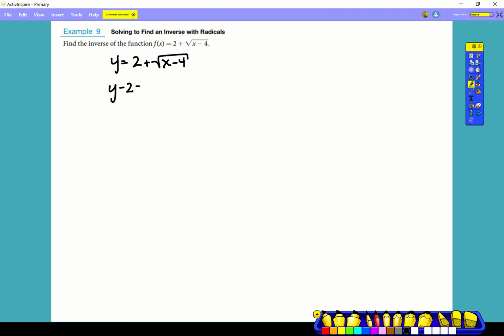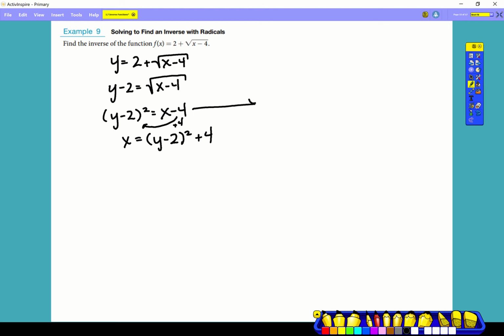So I'm going to have y minus 2 equals the square root of x minus 4. Now I'm going to square it, and now I'm going to solve for x. x equals y minus 2 squared, and if we move this 4 over, we get plus 4.